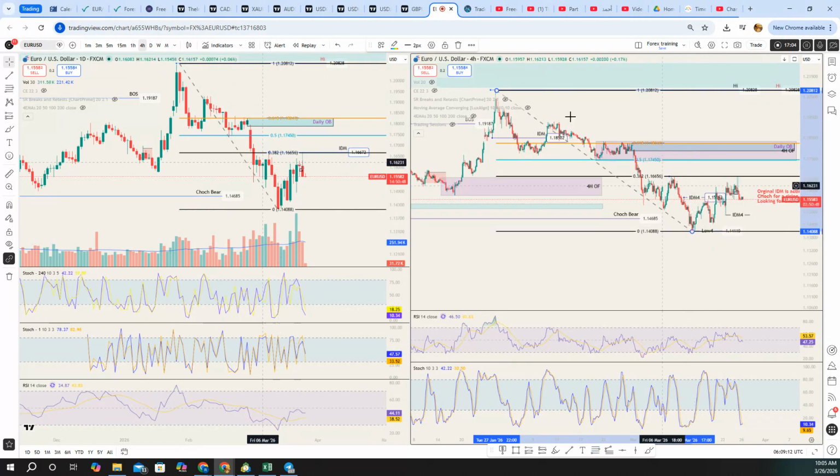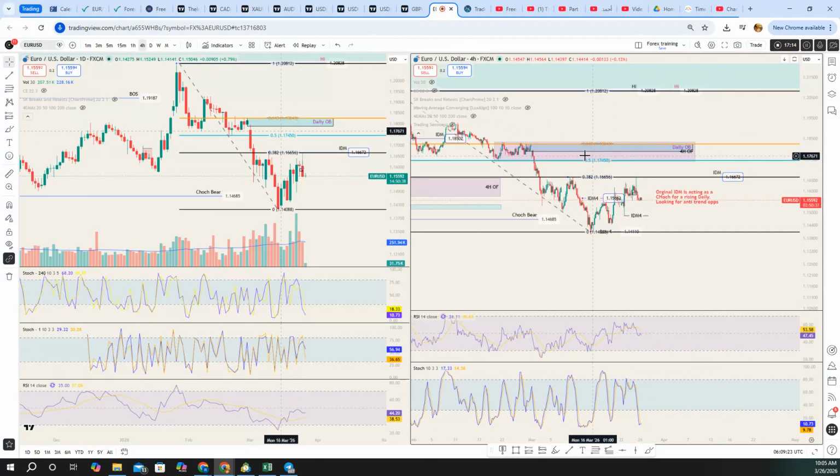Here the market structure is going down and we will be looking at selling opportunities. So in this case, this is the 50% of the Fibonacci. The upper area is called premium, the lower area is called discount.